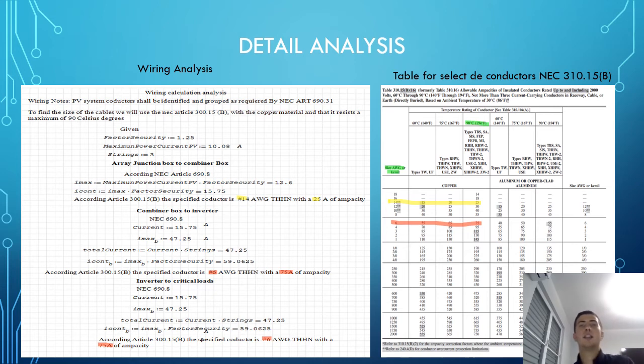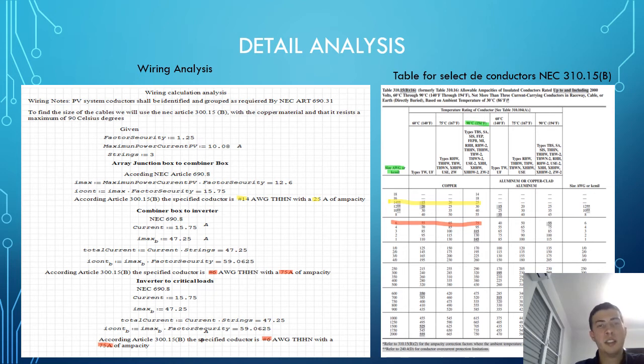And now we have the detail, and in this detail analysis we have the wire analysis. We have this wire analysis using the National Electric Code, specifying the copper, and the system being identified and grouped as required by NEC Article 690 to find the size of the cables.